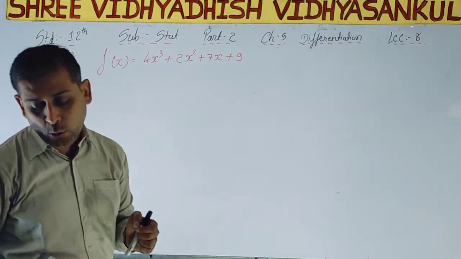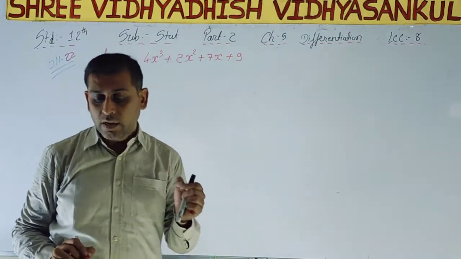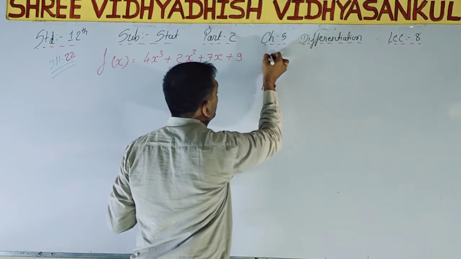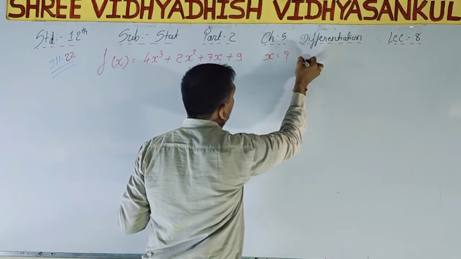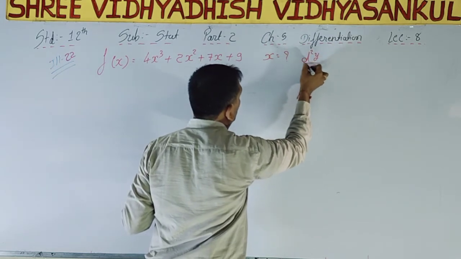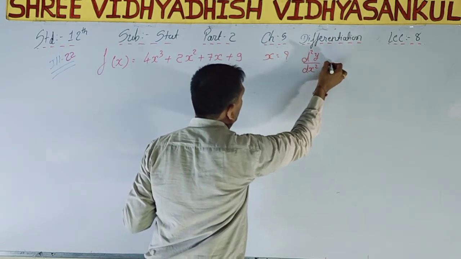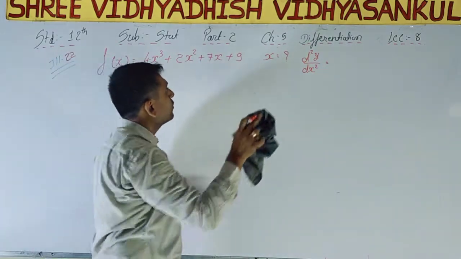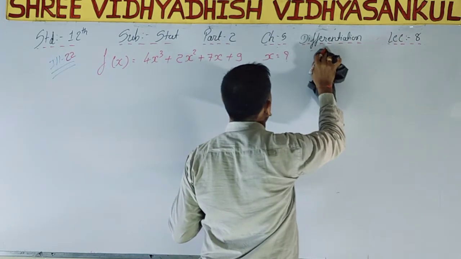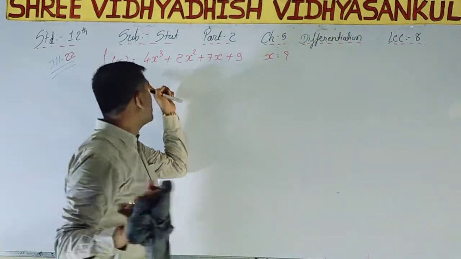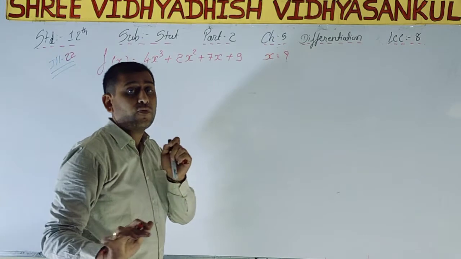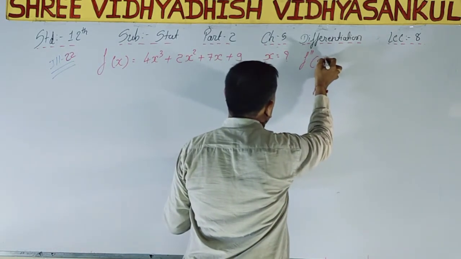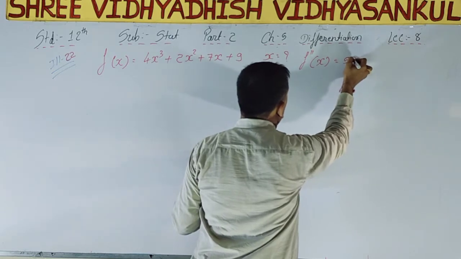Then for which value of x is the second order derivative value equal to 52? Here we do not write d square y by dx square because the question is given in function form. That's why we write f double dash x is equal to 52.